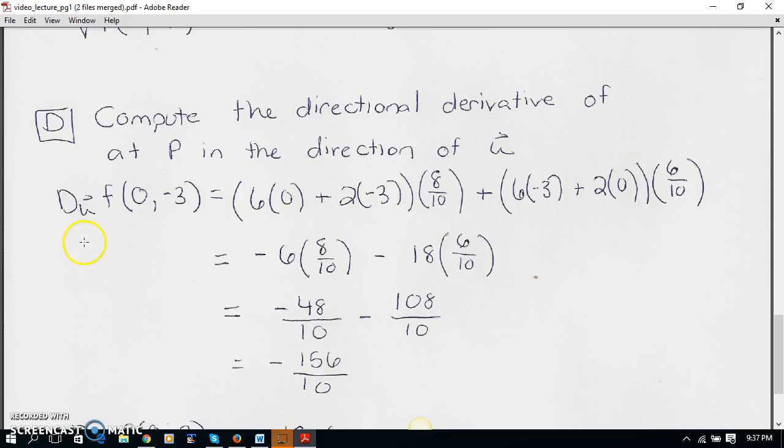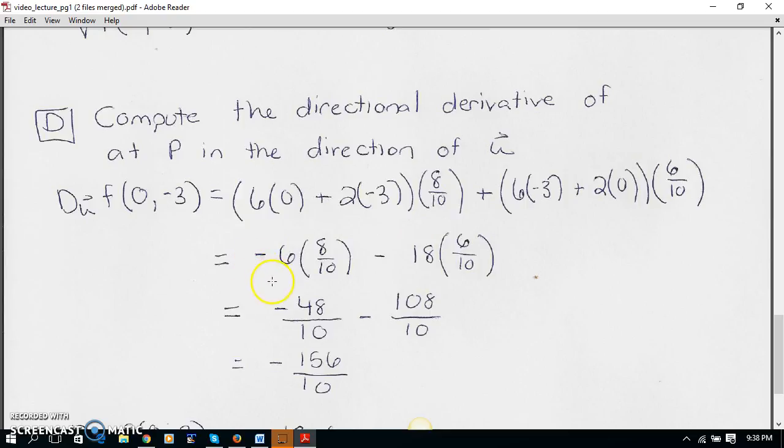For question D, we take our directional derivative and evaluate it at the point (0, -3). Notice that this is a dot product between the gradient and the unit vector. The gradient value, as we found in question C, is -6 for the i component and -18 for the j component.